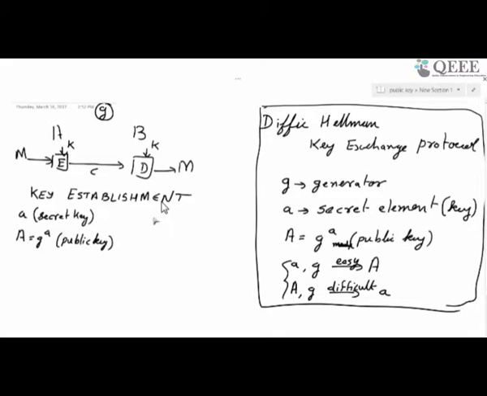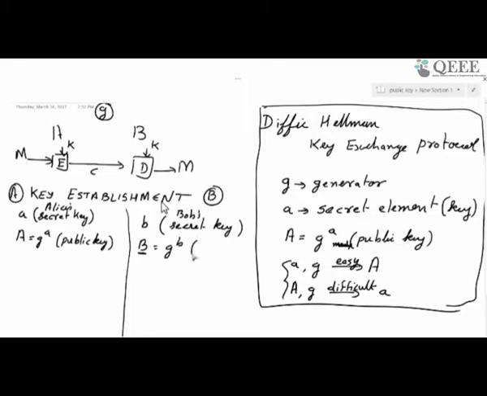At the same time, Bob would select another element b, which is Bob's secret key, and compute capital B equal to G to the power b, which is his public key.